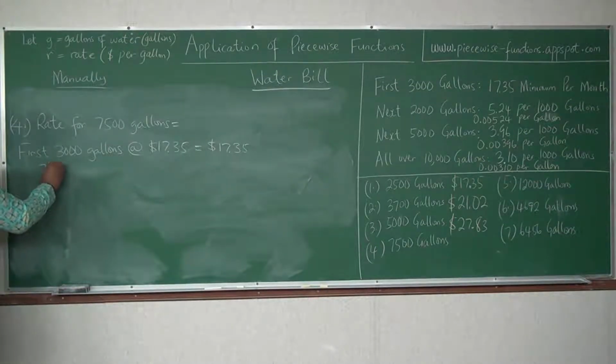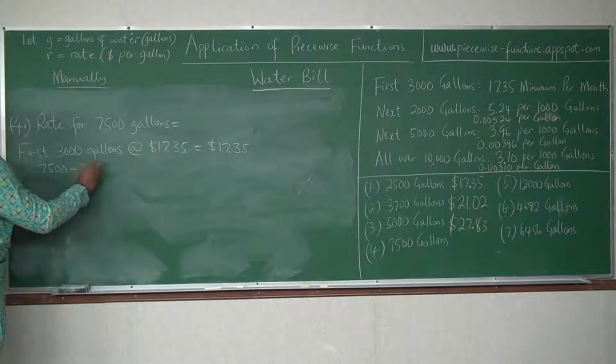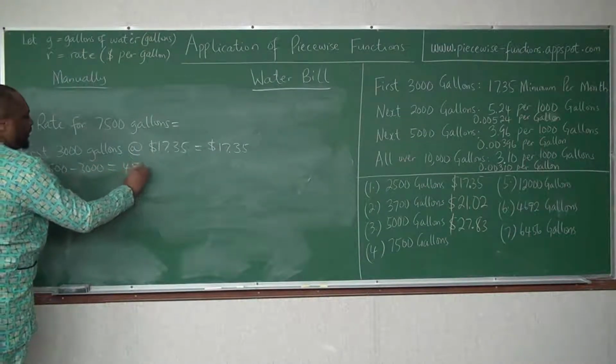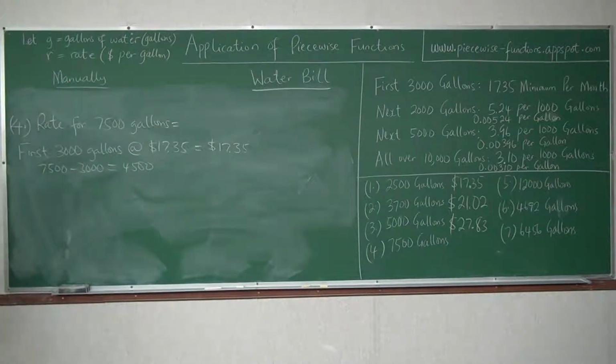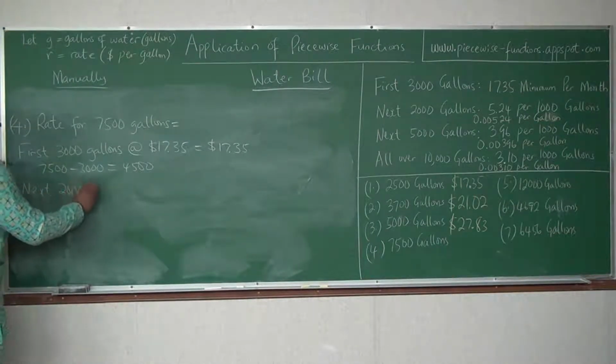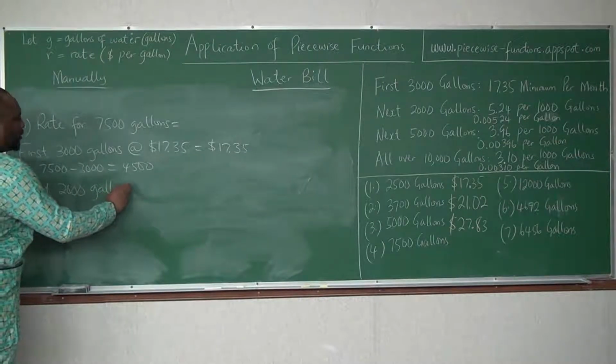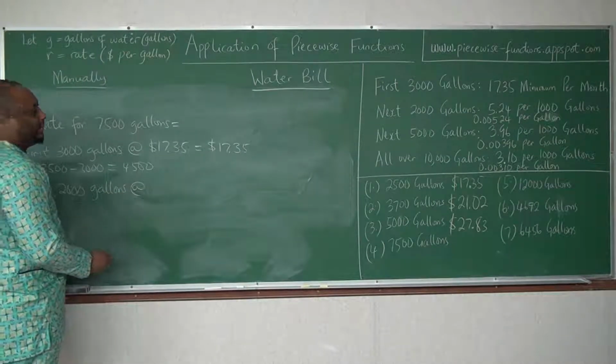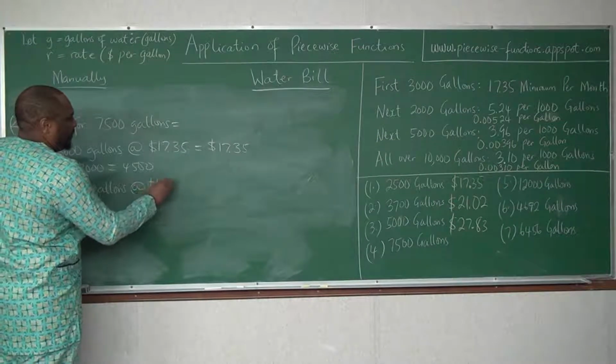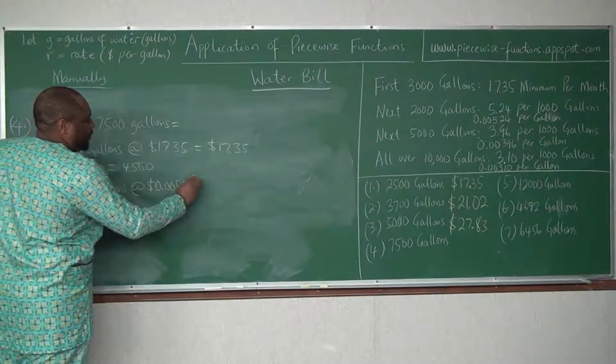So 7,500 minus 3,000 gives us 4,500. Are you guys with me? 7,500 gallons minus 3,000 gallons gives us 4,500 gallons. So we now have the next 2,000 gallons at that rate, 0.00524 per gallon.